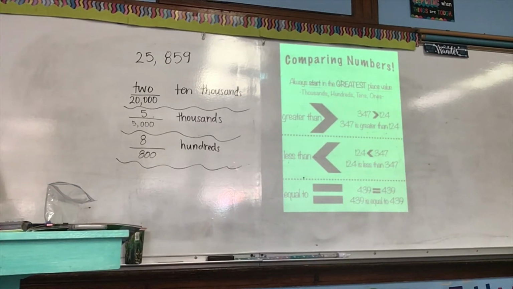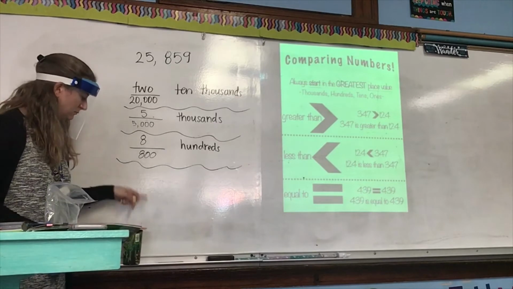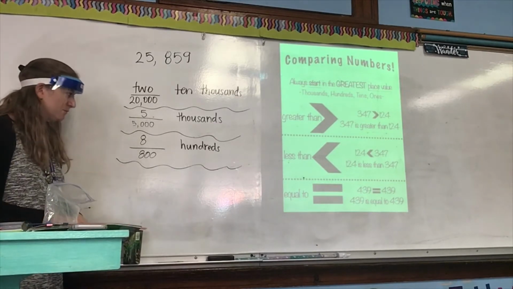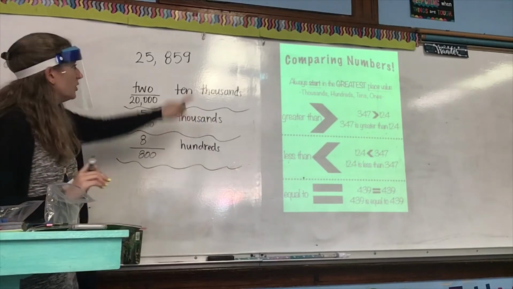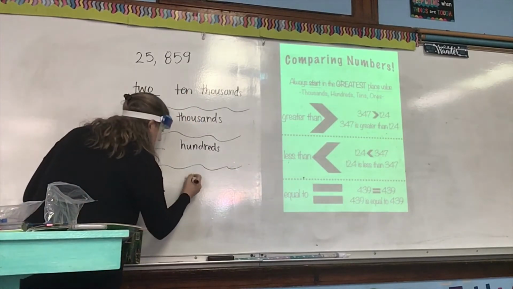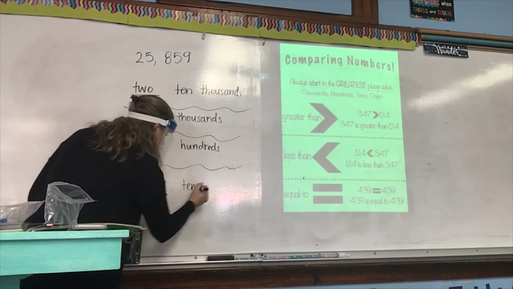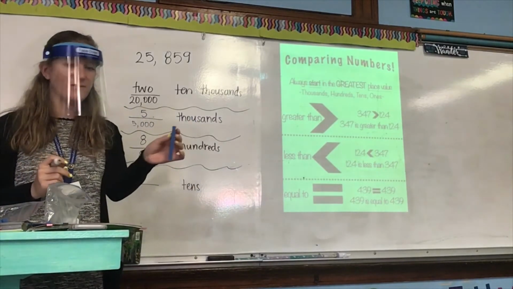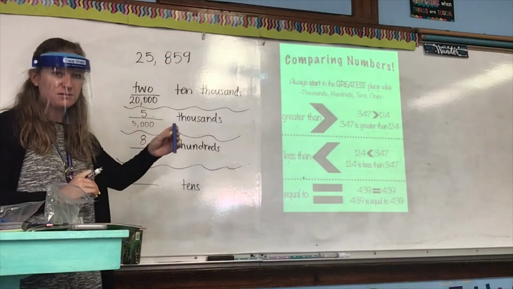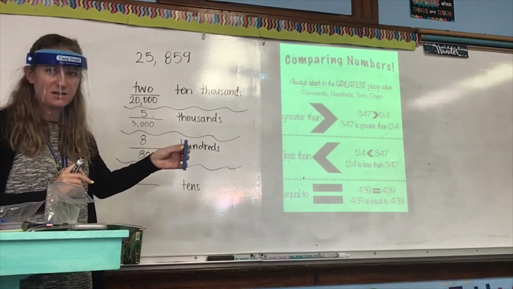Now, Smith, how many of these 10 rods would be in this number? Carla, hold on one second. Just follow along and then I'll answer your question in a second.